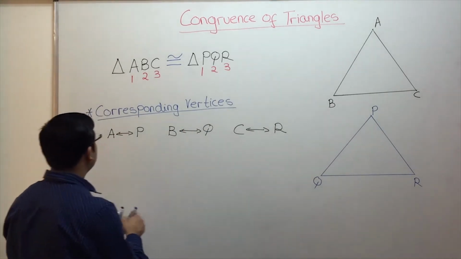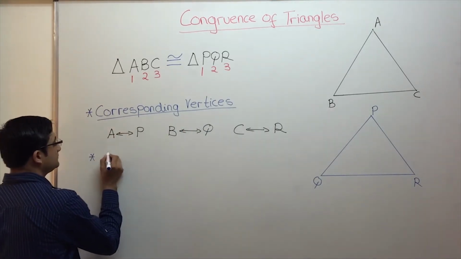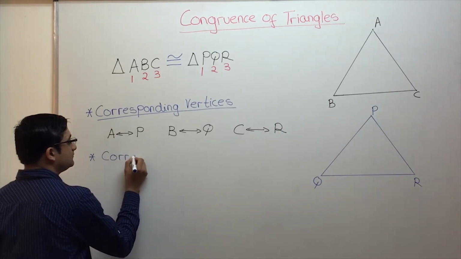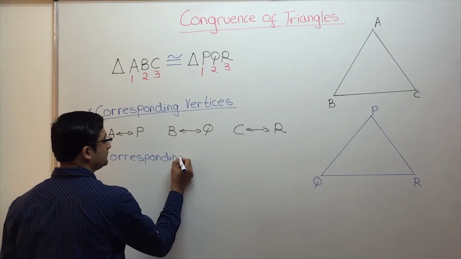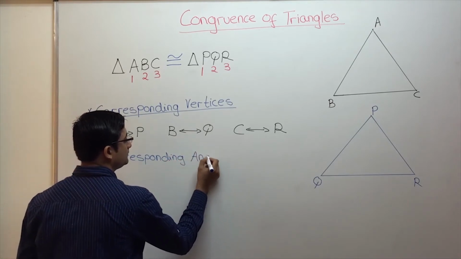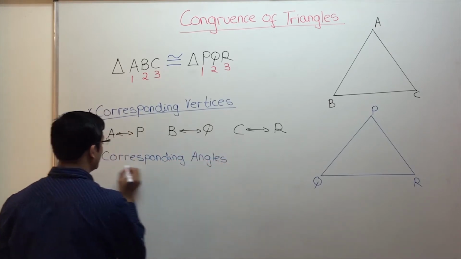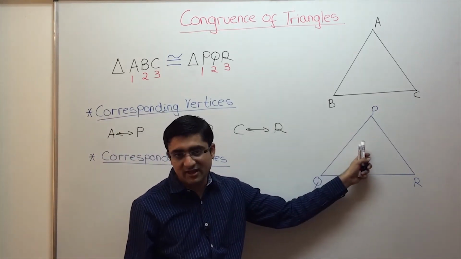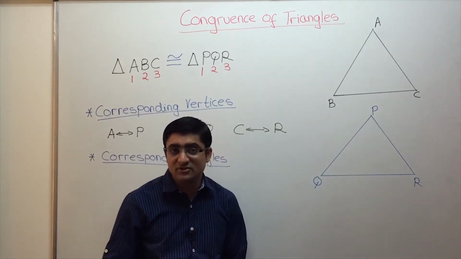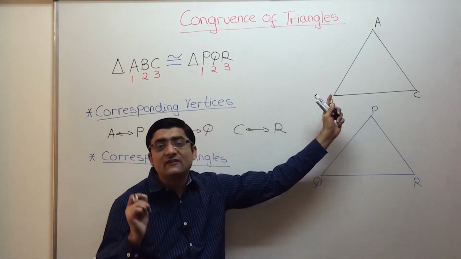Next, corresponding angles. So what do I mean by corresponding angles? See, a triangle has 3 interior angles. Now all 3 can have different measures. So which pair of angles have the same measure?